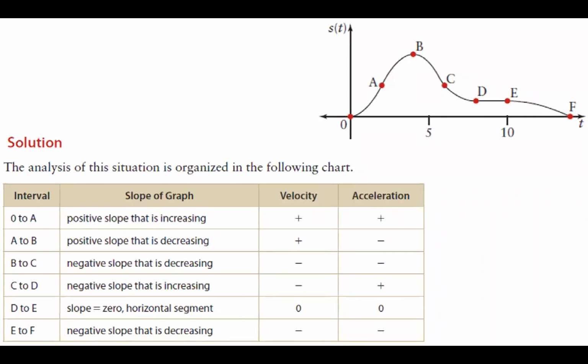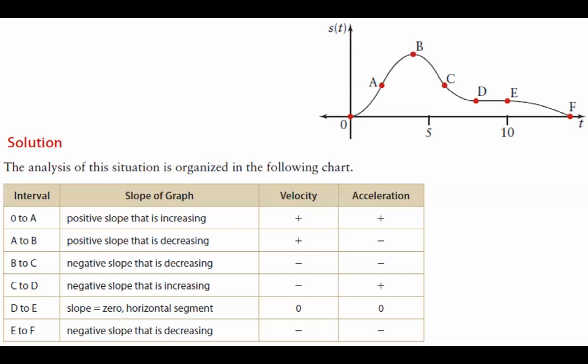That corresponds to negative velocity and negative acceleration. C to D, the slope of the graph is negative, and it is increasing. That corresponds to negative velocity and positive acceleration.